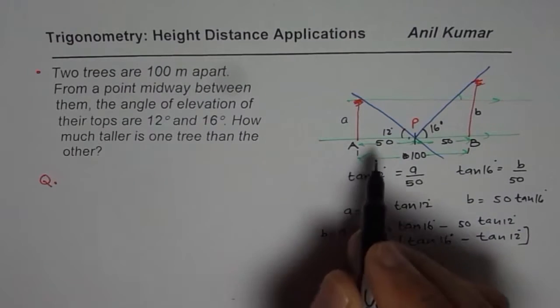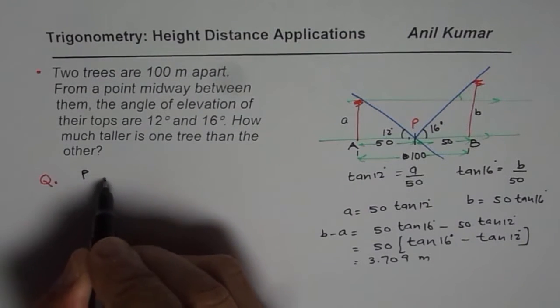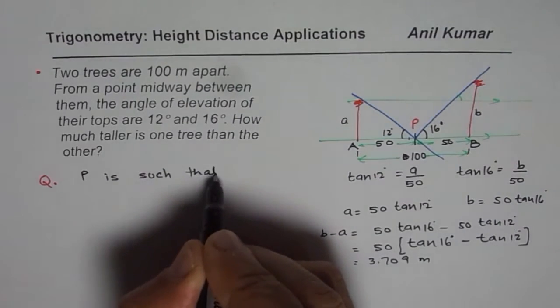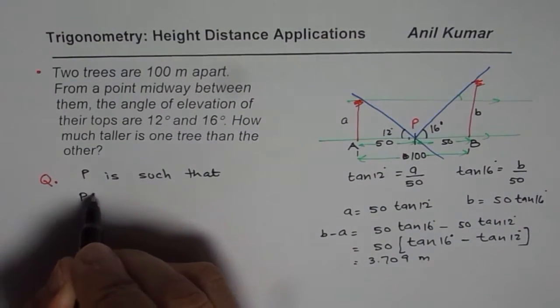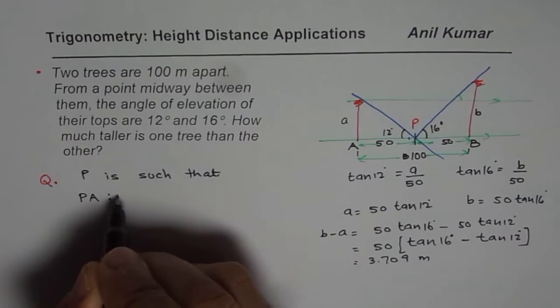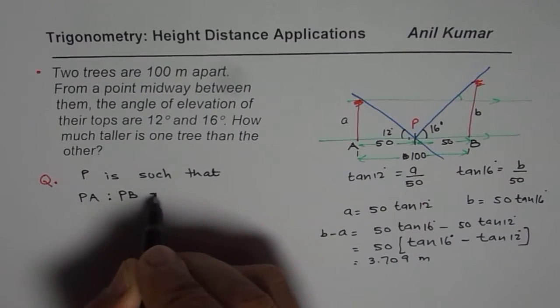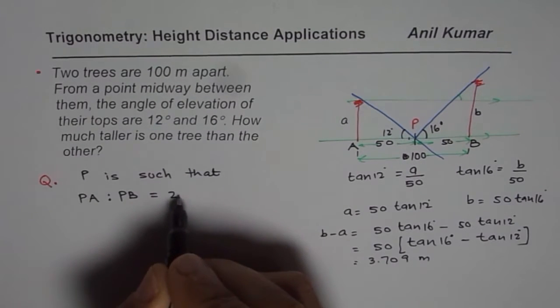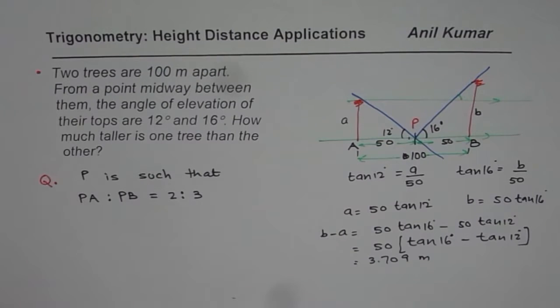And let us say the point P is such that PA is to PB is 2:3. Do you understand?